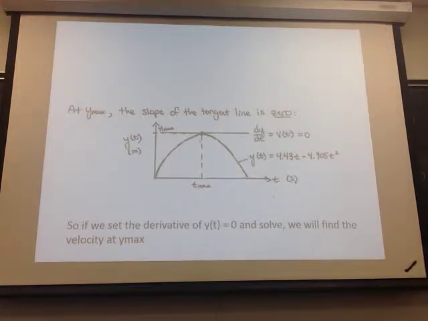So we're going to take the derivative of this function of y, set it equal to zero, and that's saying the derivative of y with respect to t, that derivative is the velocity, and we'll set the velocity equal to zero, and that will tell us where y max is. Or, I'm sorry, not just y max, y max and t max.